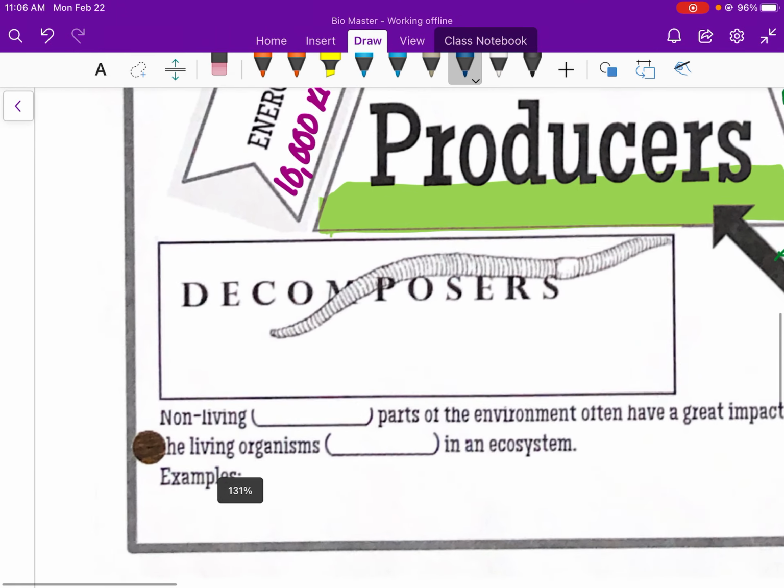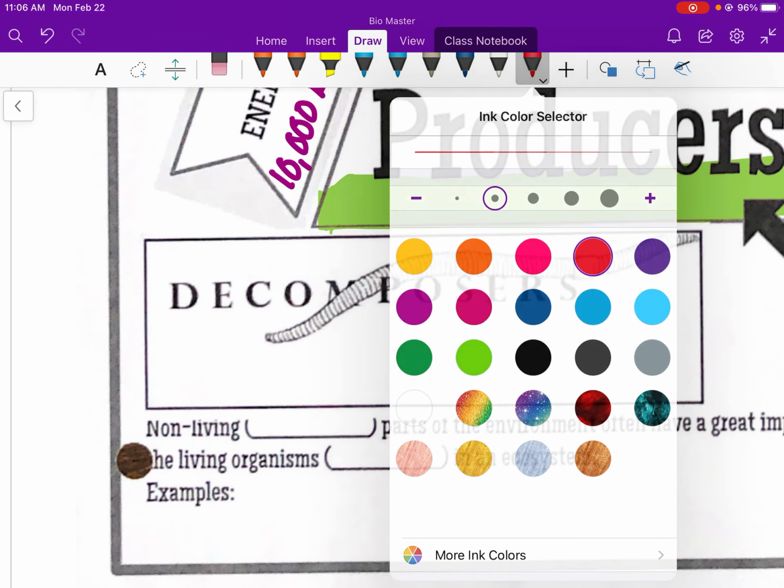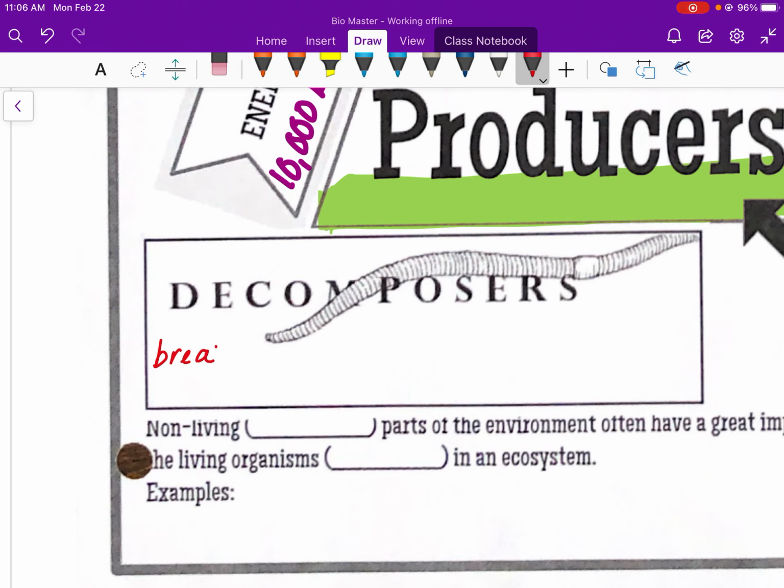So let's go down here and wrap up. We also have something called decomposers. And the decomposers break down the dead organic waste, so the dead organisms and the waste, and they're going to recycle that energy back down to the producers.